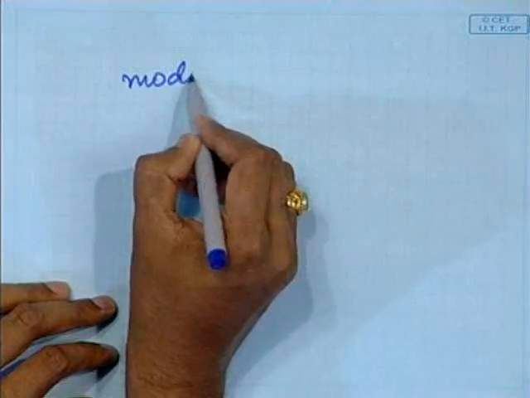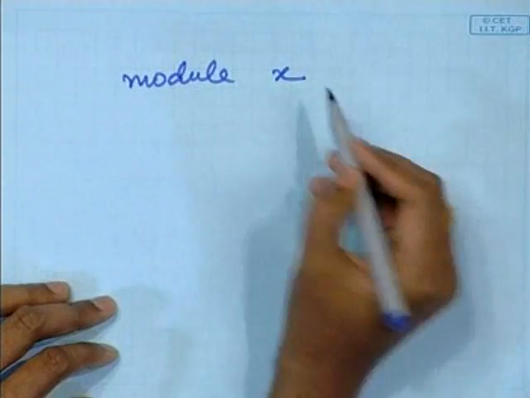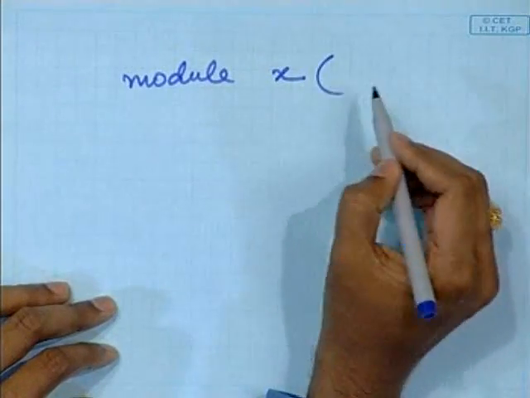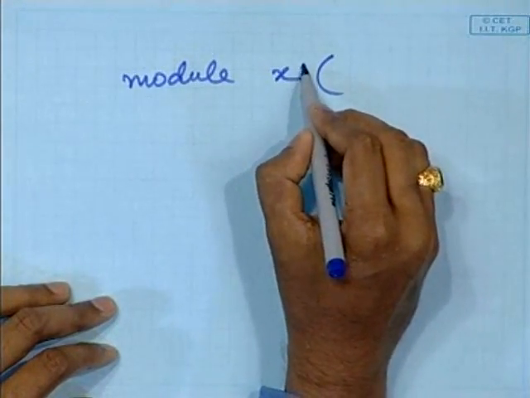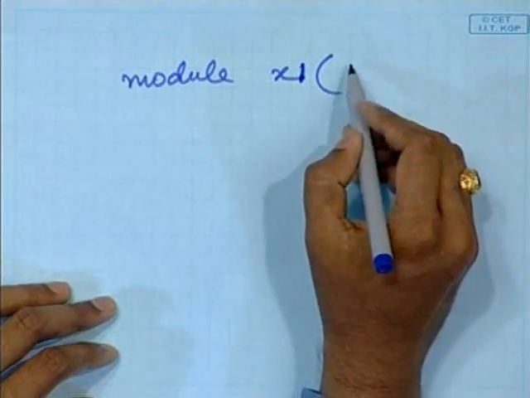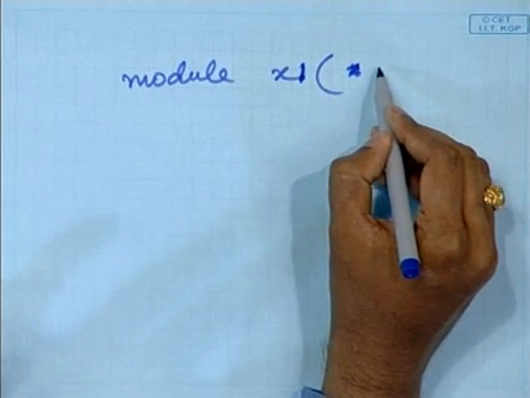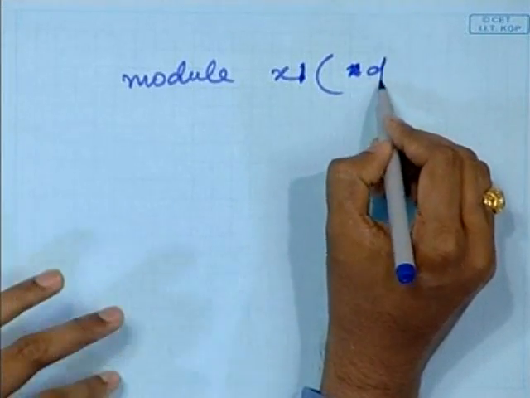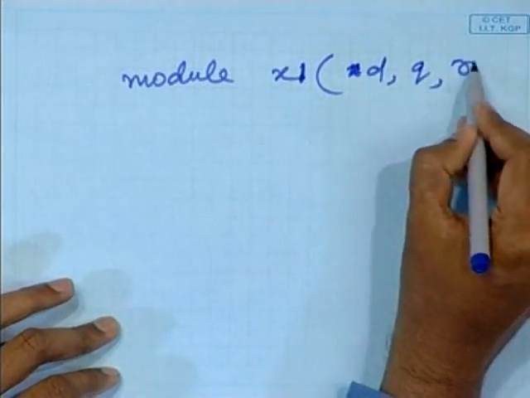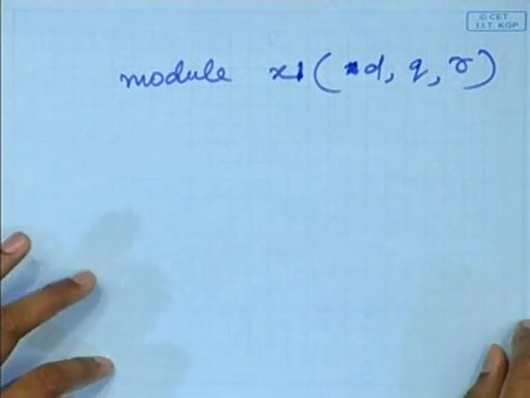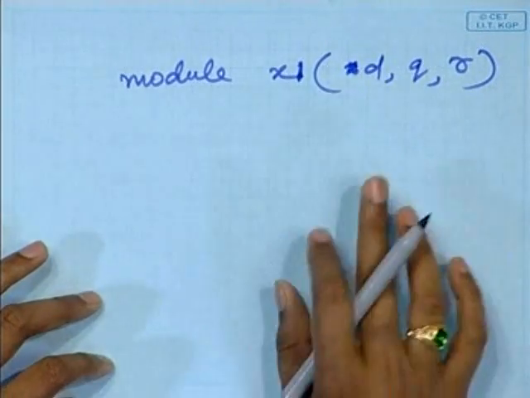Position ordering means you already declared a module, right? Say I have a module X1, and the ports I have declared are, say, D, Q, R. Maybe input or output, I am not bothered, this is the order I have put.